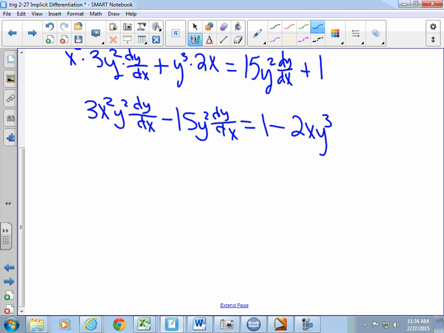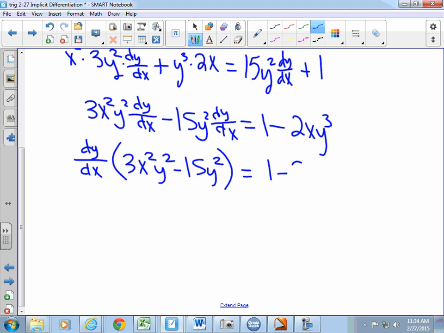Factor out a dy dx. You will get to where you do this step and this step in one step together. When you move, you'll just factor out the dy dx as you move it over. You can. Definitely can.